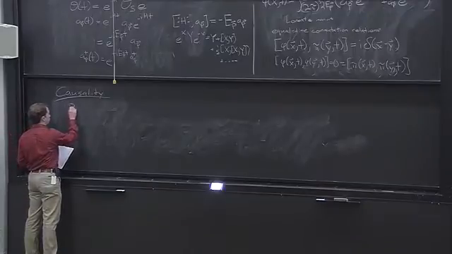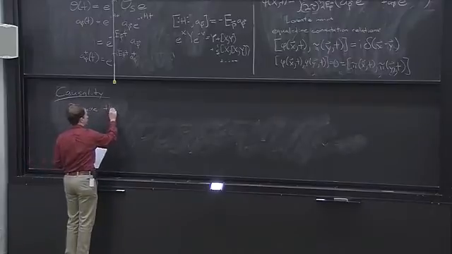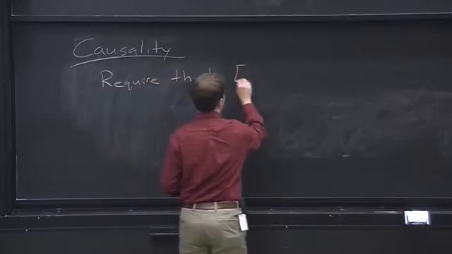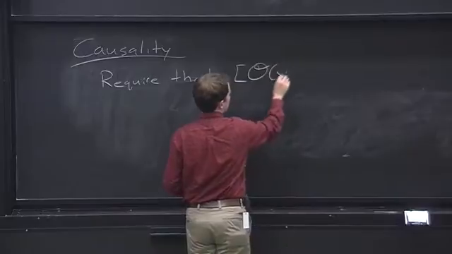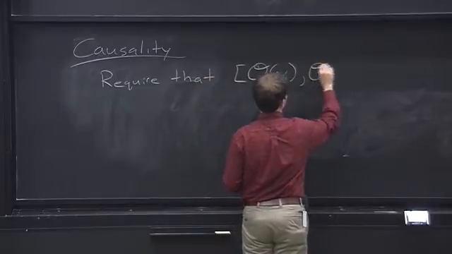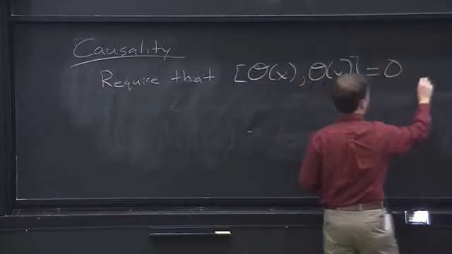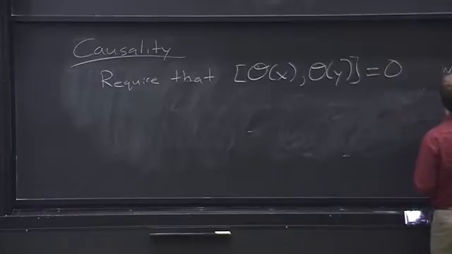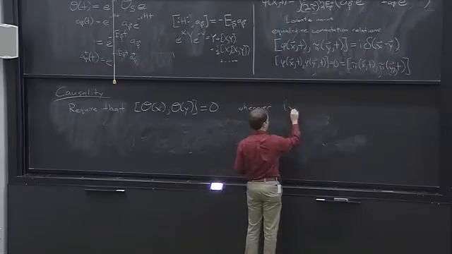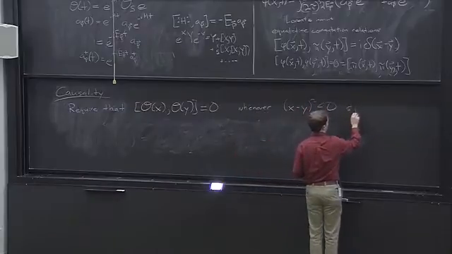Causal means that we'll require that any two operators in the Heisenberg picture commute whenever (x minus y) squared is negative, that is when x and y are space-like.